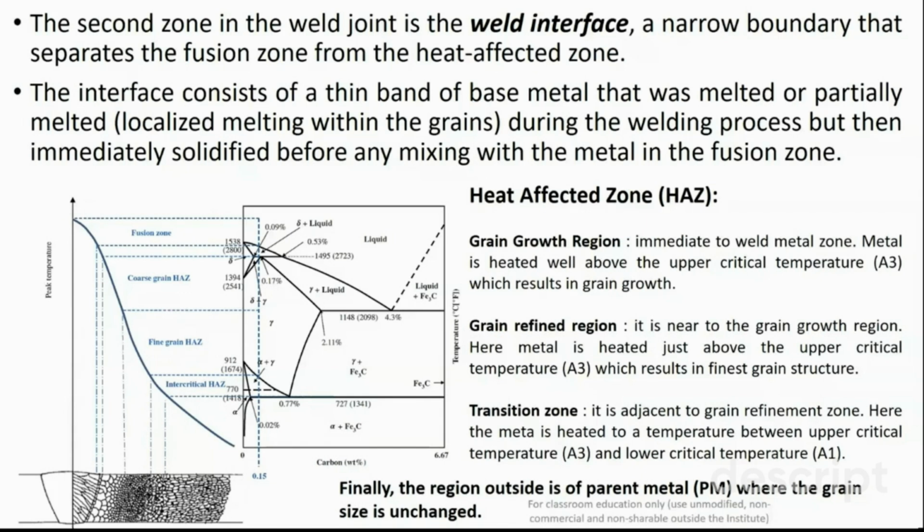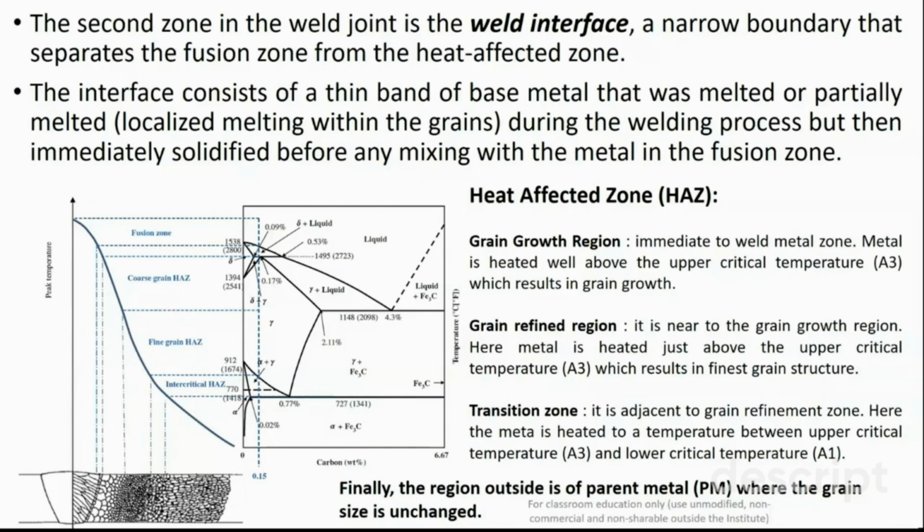It may be planar, cellular, cellular dendritic, columnar dendritic, or equiaxed dendritic. How you achieve each mode depends upon the different regimes of G/R, meaning the temperature gradient and the solidification rate.